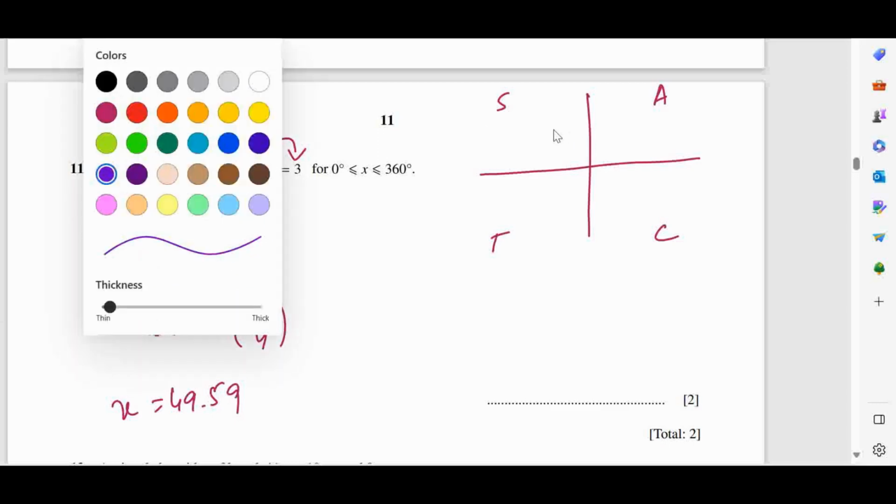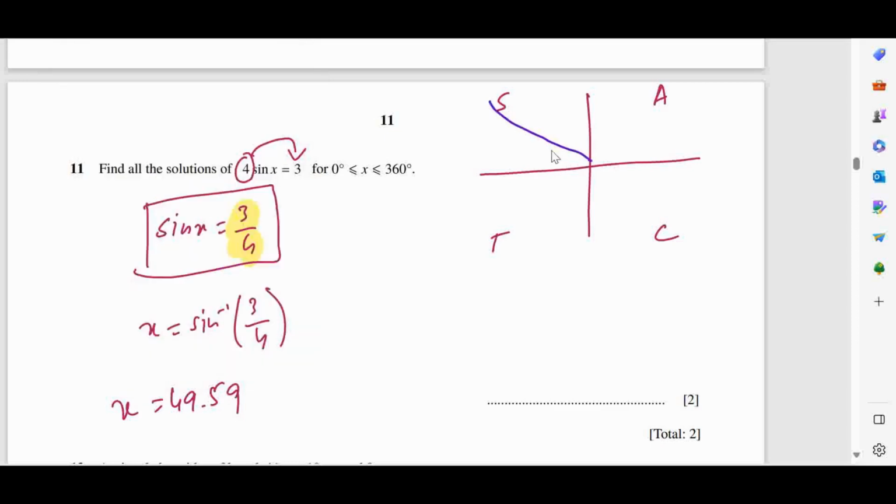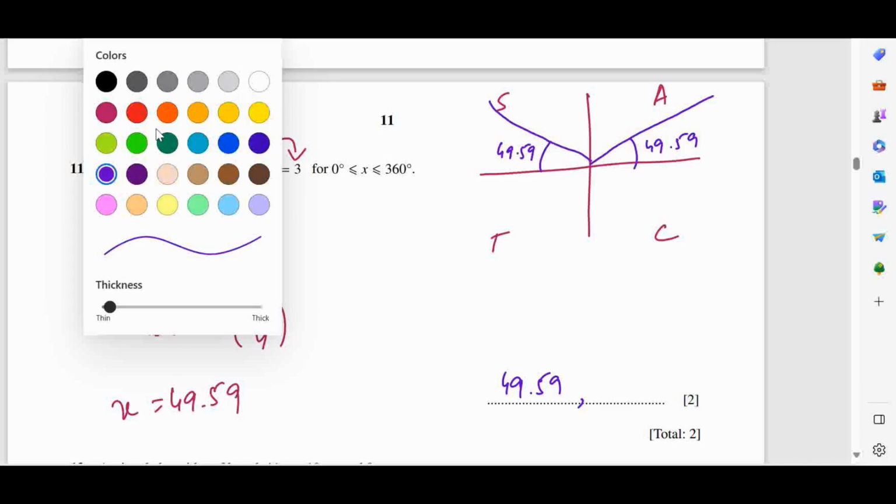That one angle will be 49.59 over here. This angle will be 49.59 and the other angle will be over here, because in the first quadrant all the angles will be positive. So the first answer will be 49.59 and the second answer will be, now how to calculate the other angle?